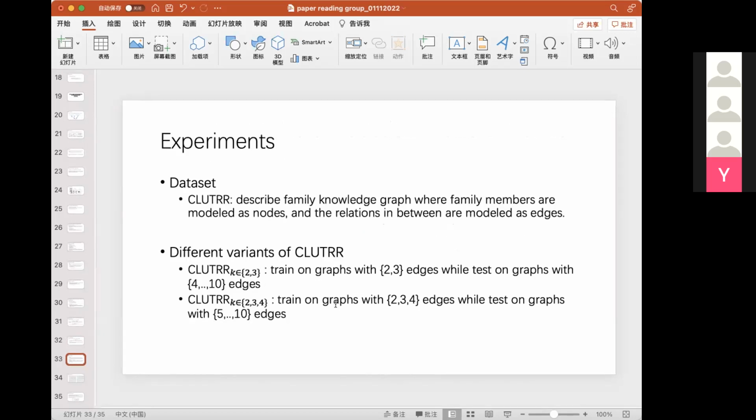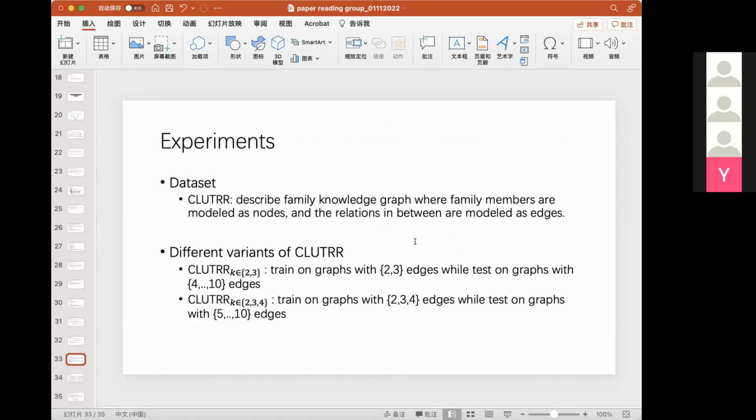After that, they apply this method to the CLUTRR dataset, and this dataset again describes family relations.